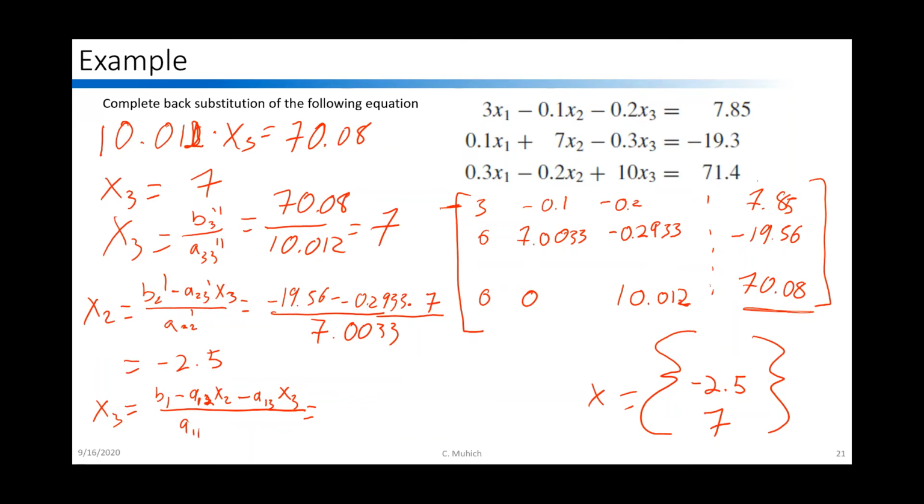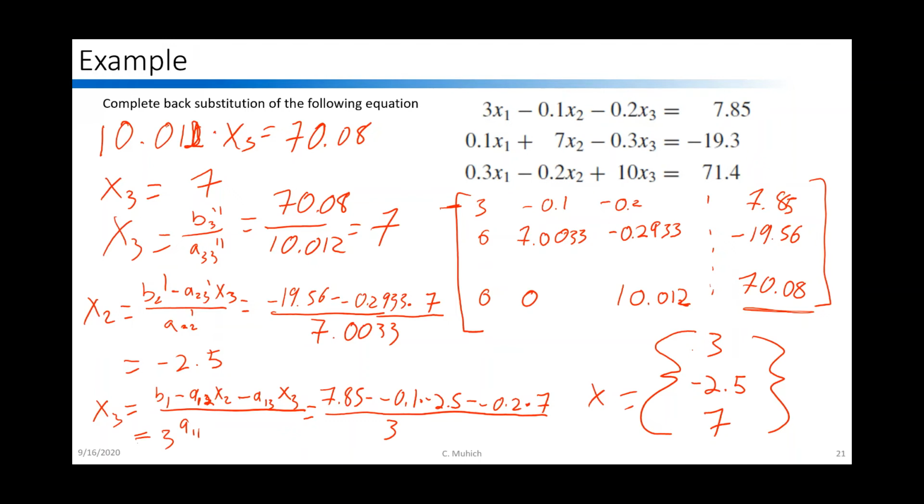We can punch in our numbers. b1 is, of course, 7.85 minus negative 0.1 times x2, minus a13, which is negative 0.2, times x3, which is 7, all over a11, which is 3. If I do all of this out, we find that x1 is equal to 3. So I can plug that into my variable.